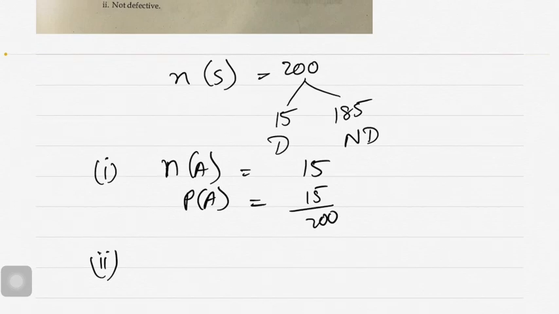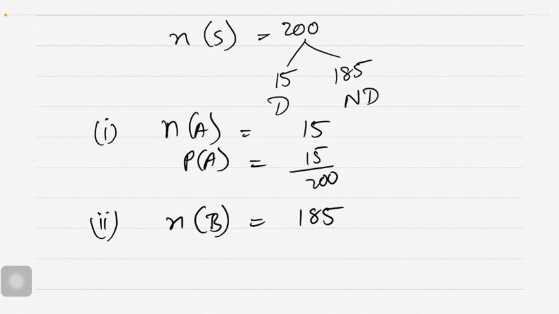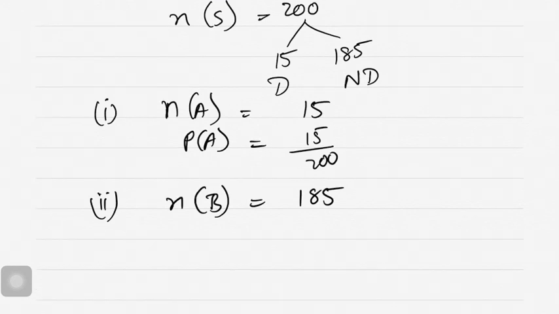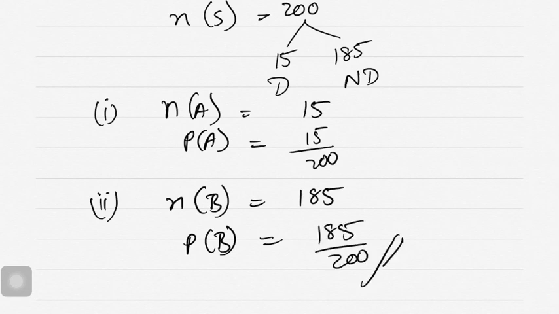And the second part, my event B, that the pen is not defective. So my N of B would be 185 because 185 pens are not defective. That means my P of B will be what? 185 by 200.